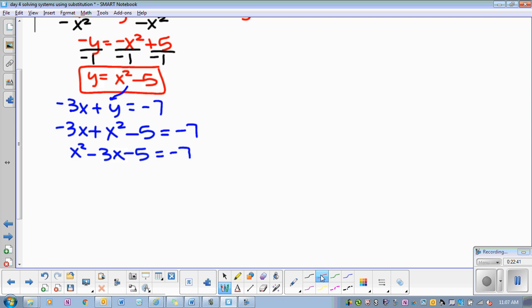Guys, if it's a trinomial, the only way, well, not the only way, but the easiest way is to solve by factoring. We've got to make it equal to 0. I know, more factoring. X squared minus 3x plus 2 equals 0.